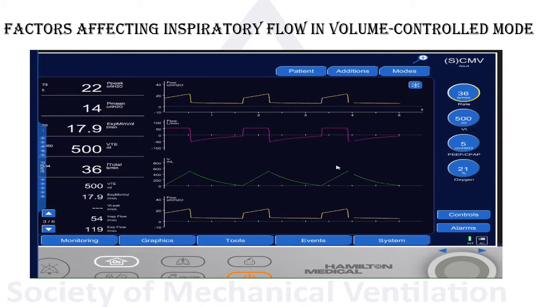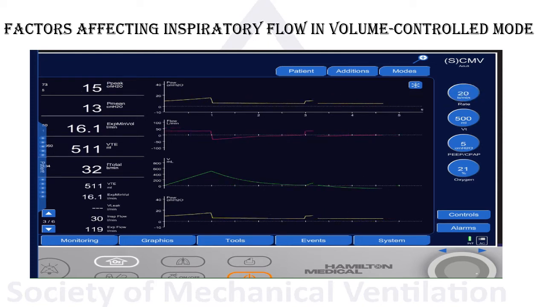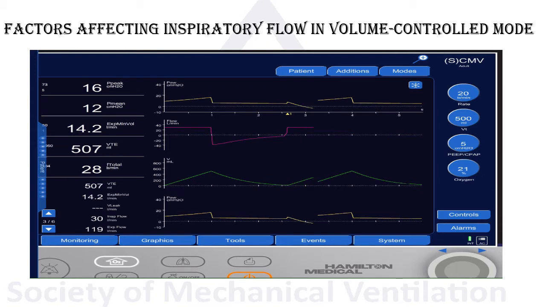Now let's see the effect of the muscle pressure. So we're just gonna go back to a respiratory rate here of 20. That patient initially was not working hard, so let's make him more actively breathing.